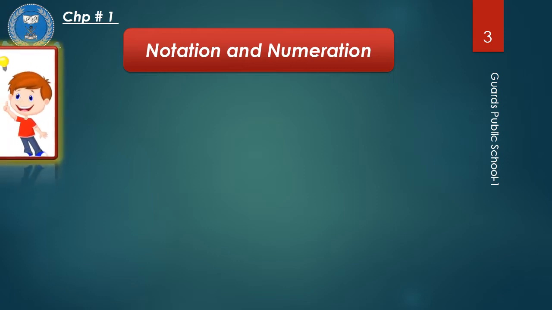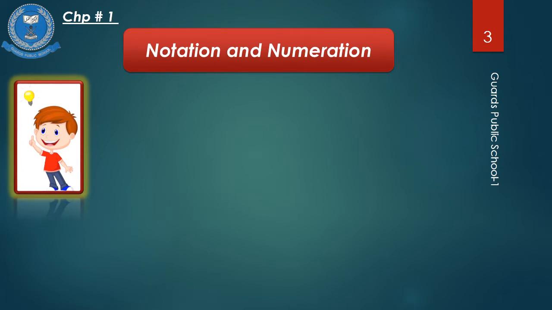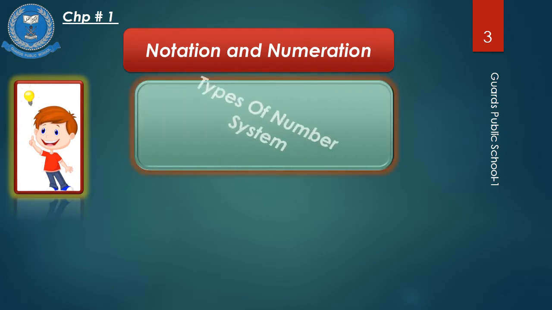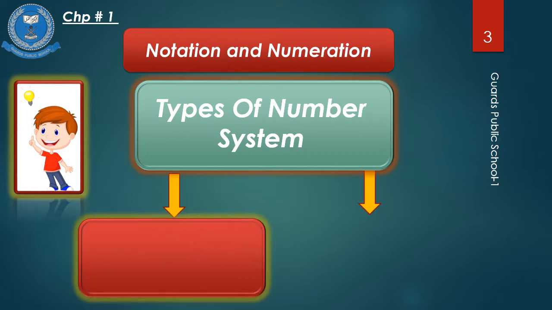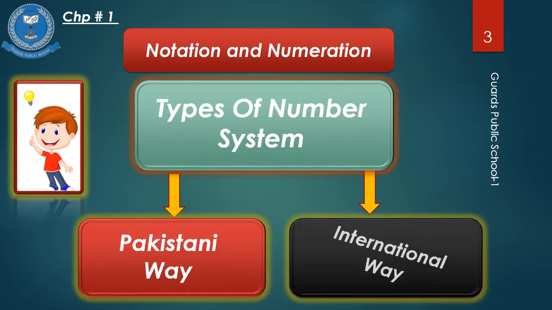Students, in our first two lectures, we have learned about the types of number system, that there are two types of number system to read and write greater numbers. First one is Pakistani way and the second is international way.